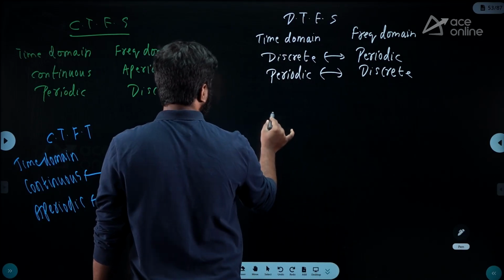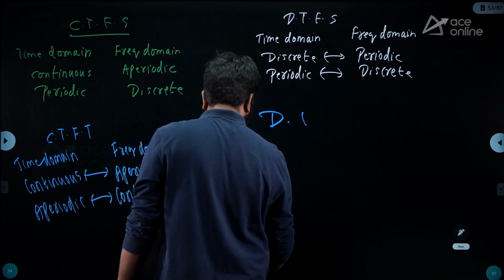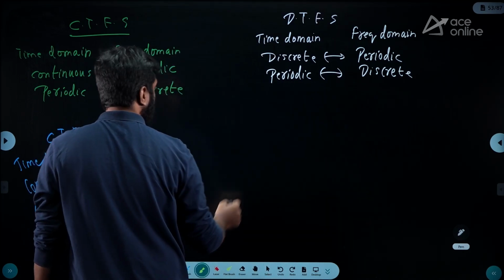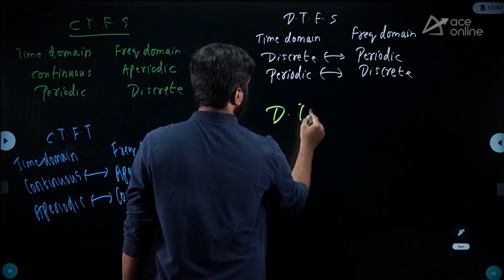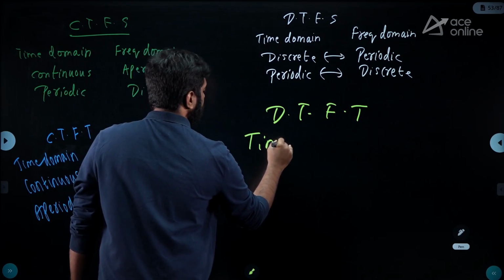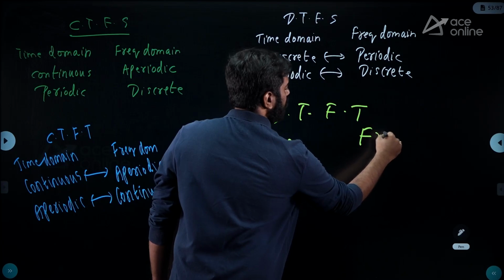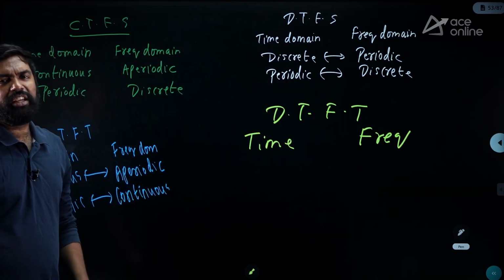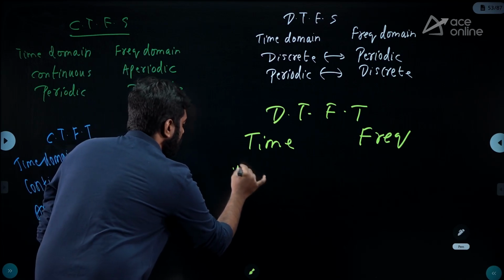And the last topic would be DT-FT. So what's happening in time? What's happening in frequency? The name itself says discrete time. So in the time it is discrete.